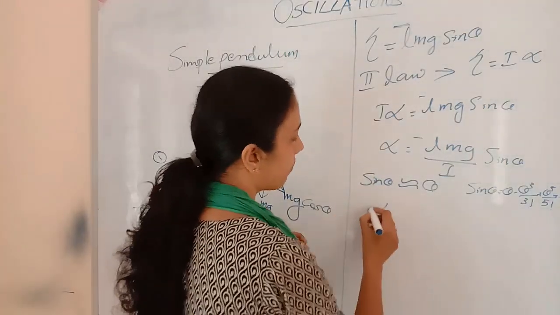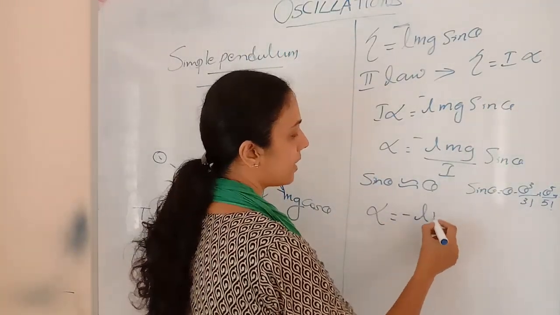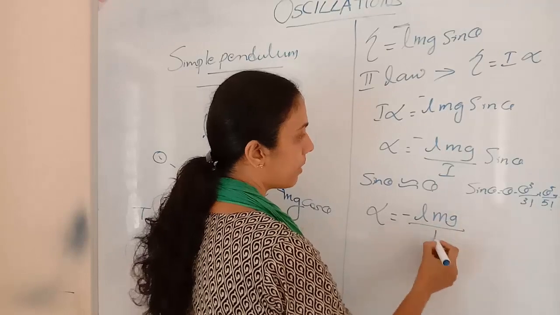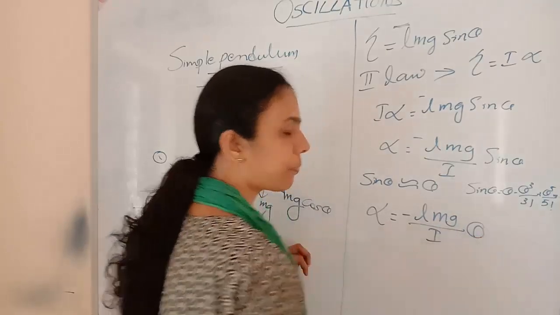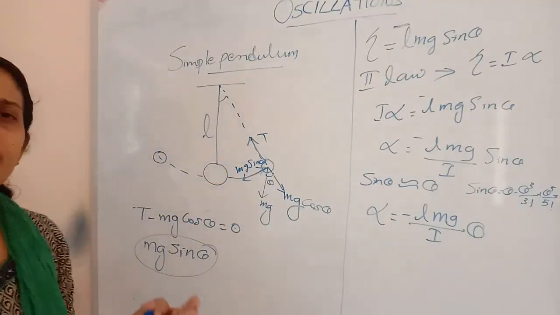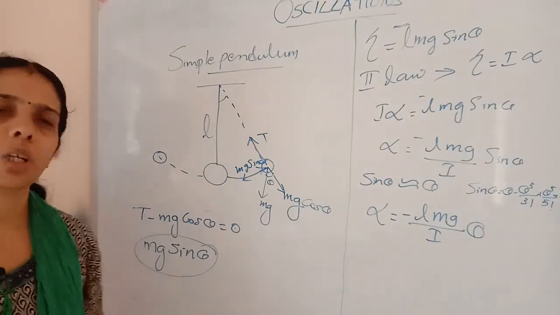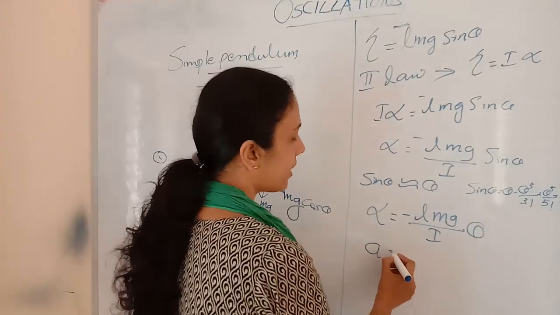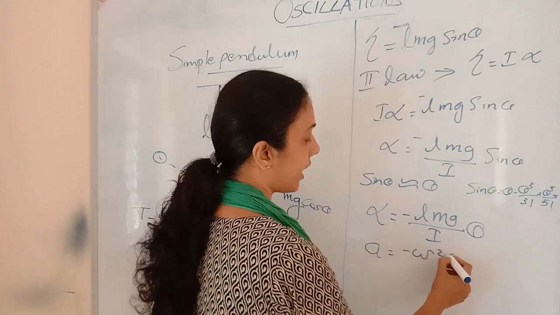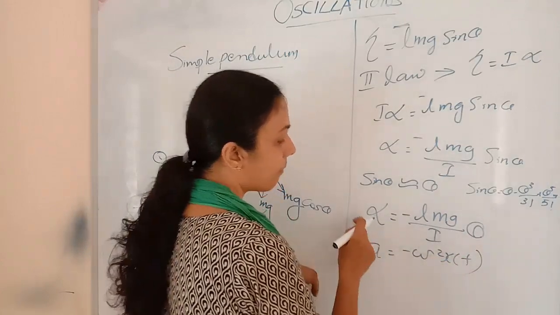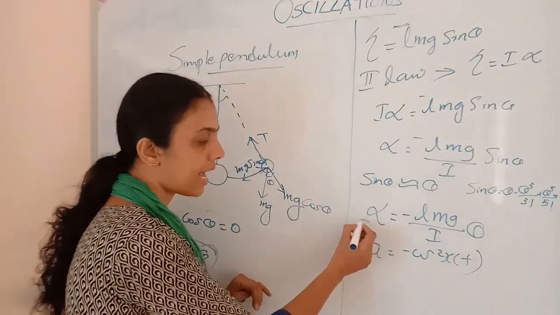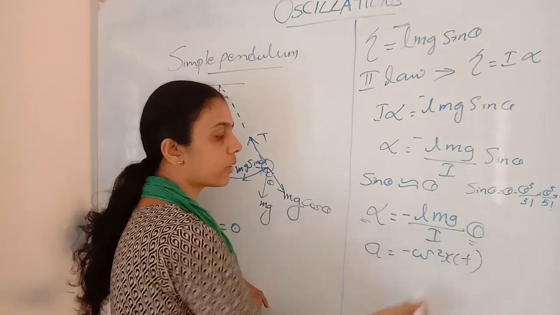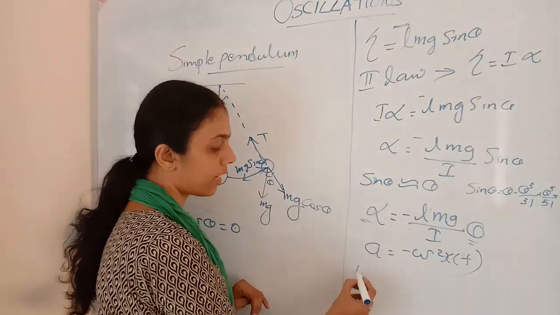Okay, so alpha equals minus L mg divided by I, theta. Here in the case of SHM, we already got the acceleration as minus omega square x of t. While comparing this one, this is angular acceleration, this is angular displacement. So what is omega here?